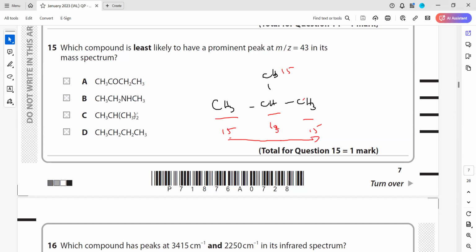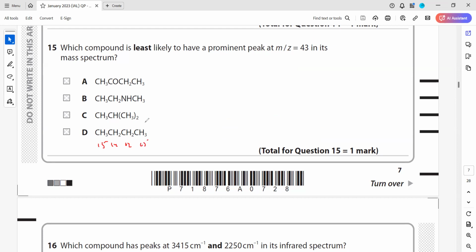And for this one, 15, 14, 14, 15. So when we check for the last one, 14 plus 14, 28, 28 plus 15. So that will be 43. Like this will be 14 plus 15, 29.